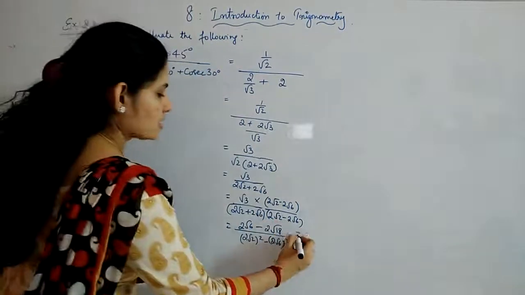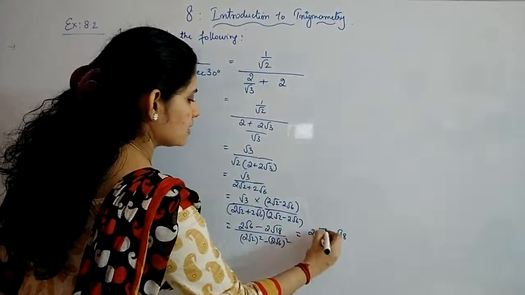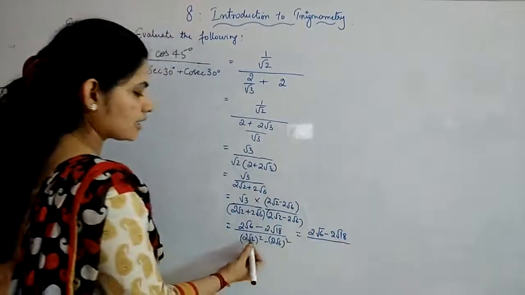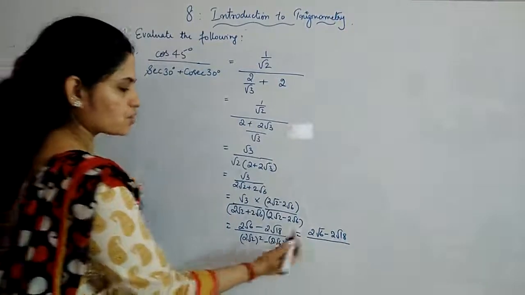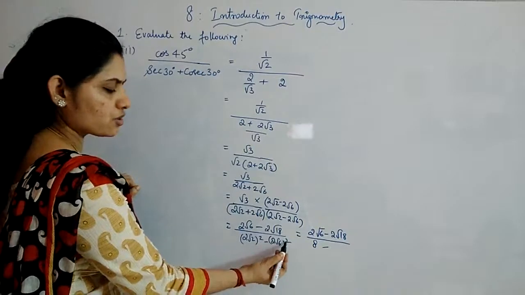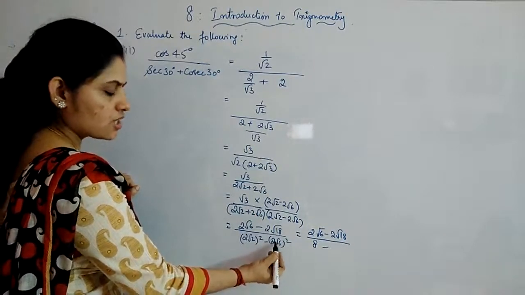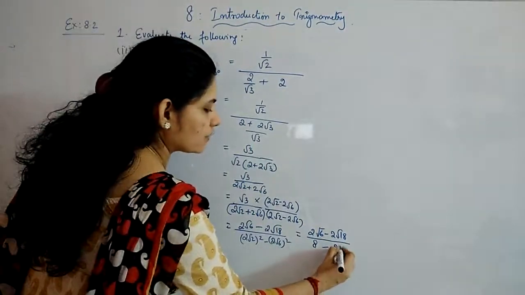Which is here again 2 root 6 minus 2 root 18 divided by, this will give you 2 into 2 is 4, root 2 into root 2 is 2, so 4 into 2 is 8, minus, here again the whole square means 2 into 2 is 4, root 6 into root 6 is 6, so 4 into 6 is 24.